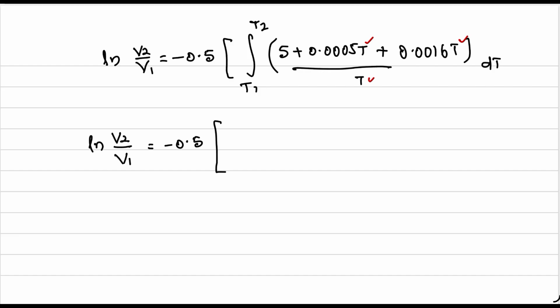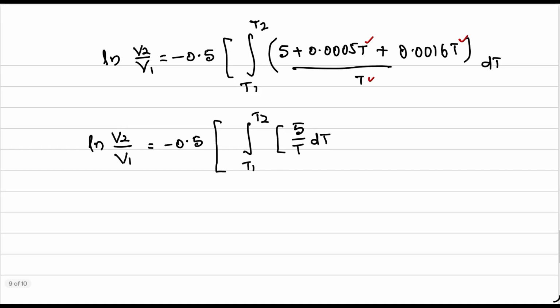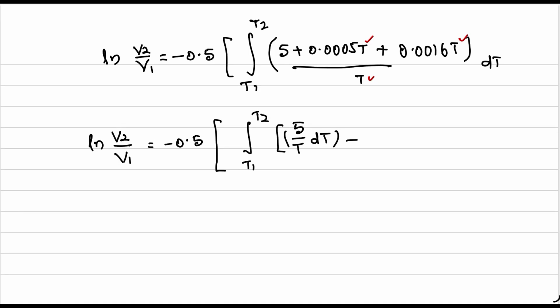This is the total common. Integral T1 to T2 of 5 by T dT plus 0.005 plus 0.0016 T, T by T gets cancelled, 0.0021.